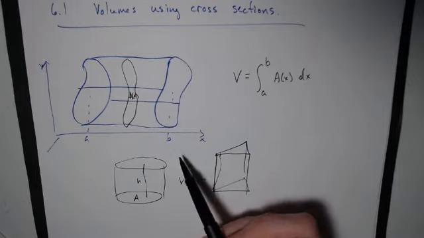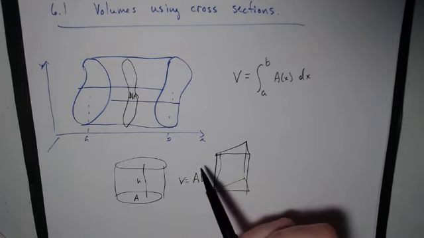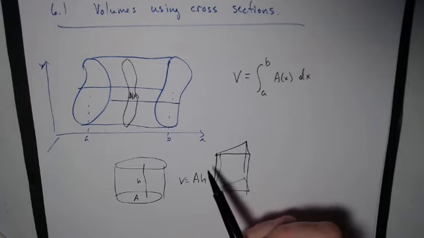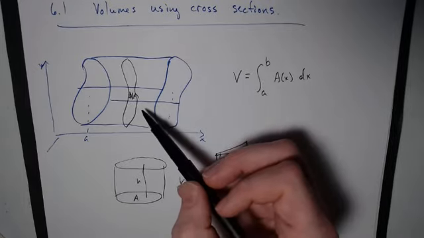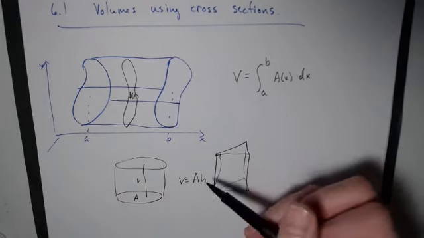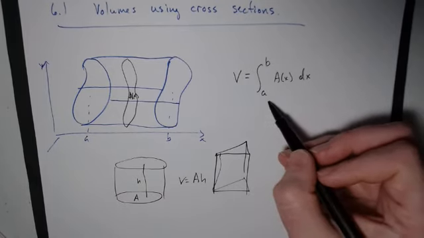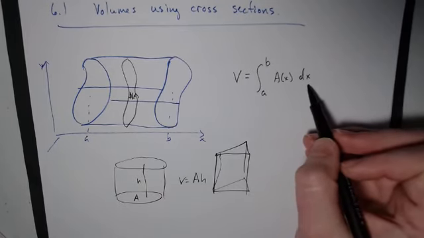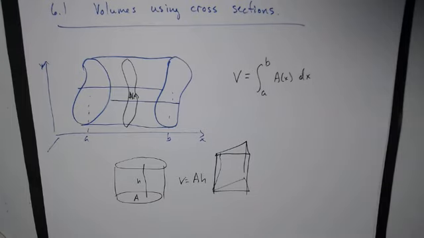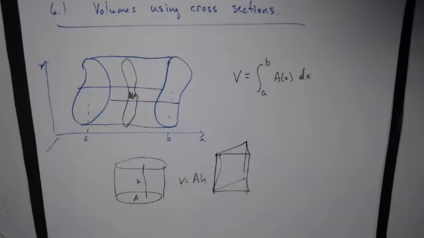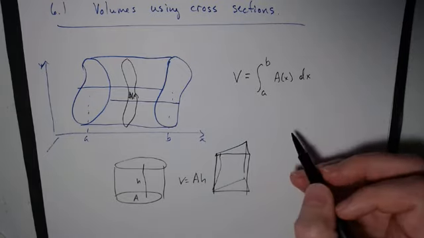And then we take that out of context for our general regions, and instead of just multiplying, we do an integral along the direction of the height of the cross-sectional area. So if the area is a constant, then we get this back exactly.